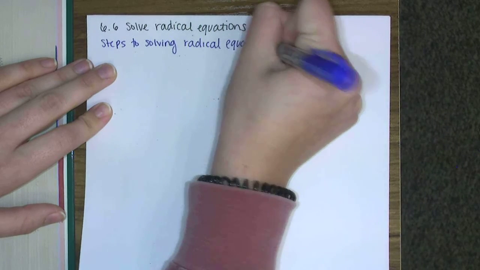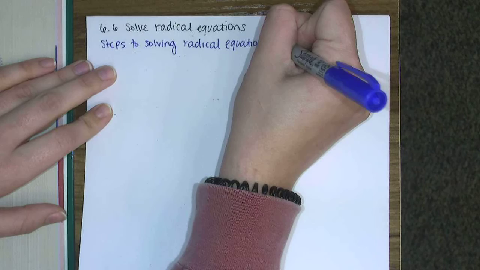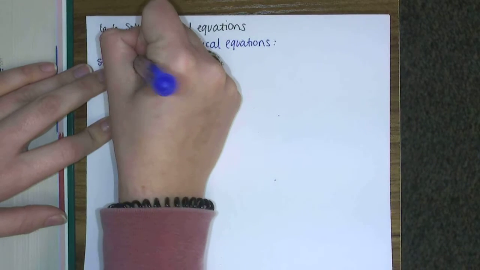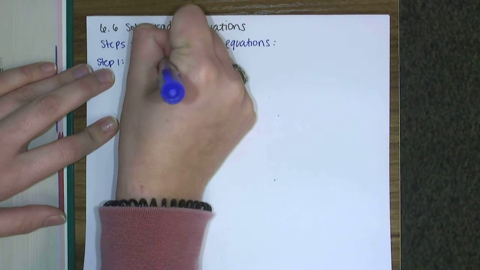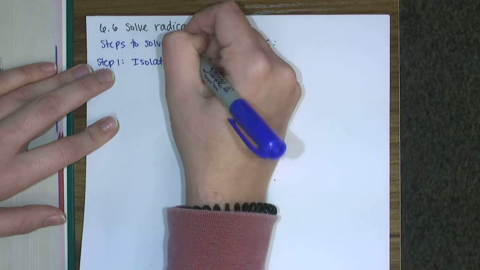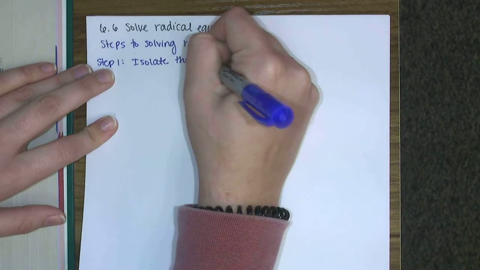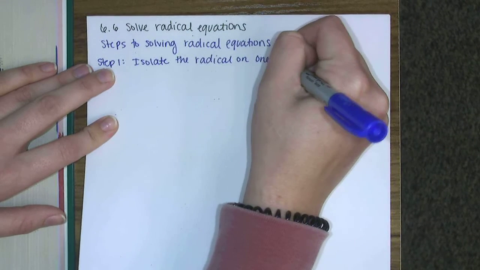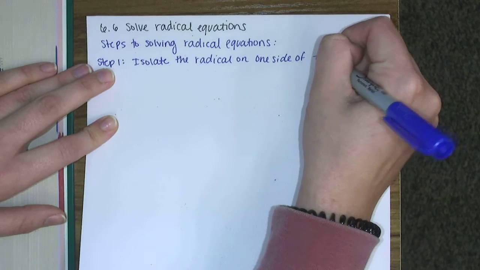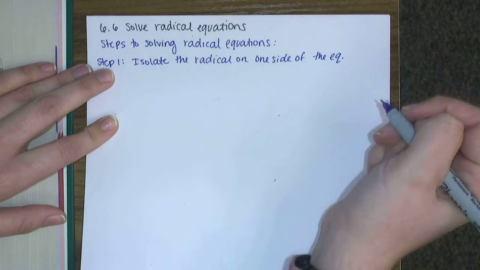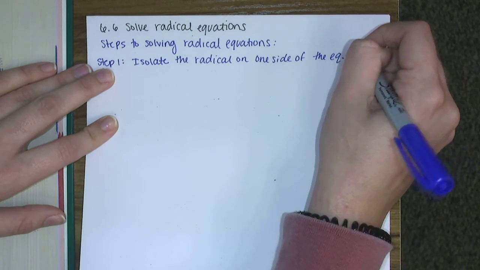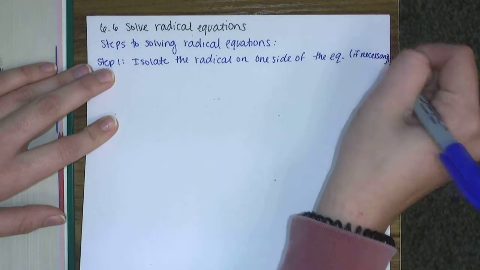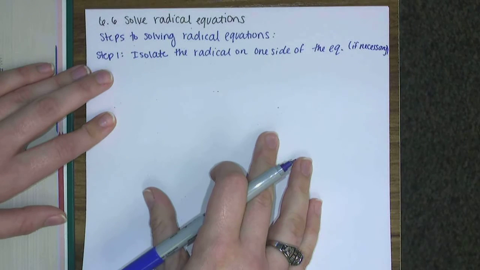And I suspect you did this in Algebra 1, most likely, but just as a refresher. Step 1, we isolate the radical on one side of the equation. Okay, that's if necessary. Okay, it may already be isolated.